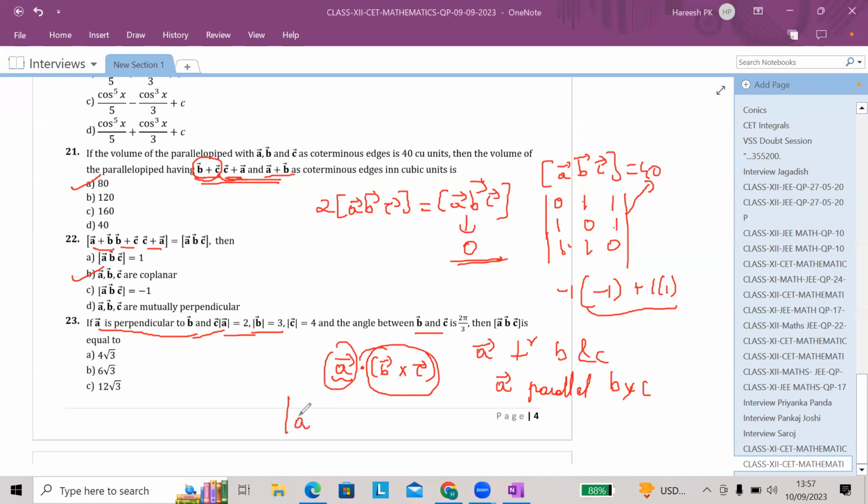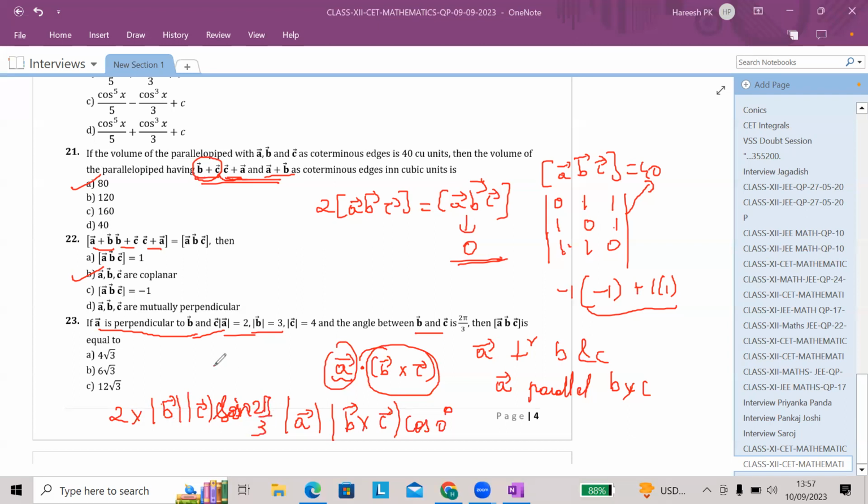So the answer is mod A mod B cross C into cos 0. Cos 0 is anyway 1. Then you simply find mod B cross C. How to find mod B cross C? Mod A is given as 2. Mod B cross C is mod B mod C into sine 2 pi by 3.